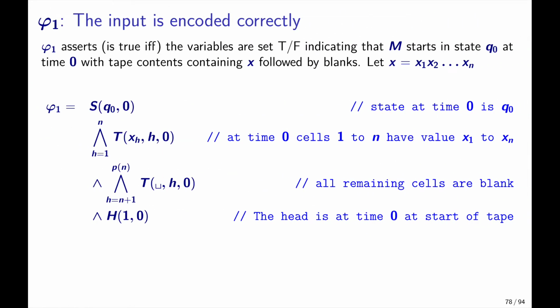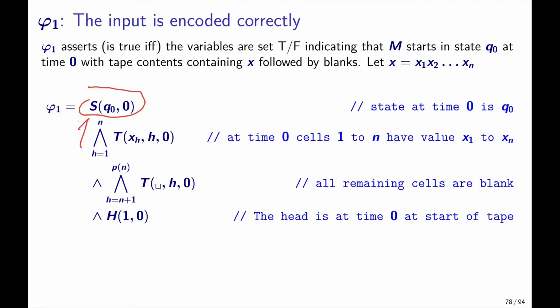Okay, so the first claim is that the input is encoded correctly. To be more precise, first we require that the start state at time 0 is q0, right? So the Turing machine in the beginning of the execution is at the start state.